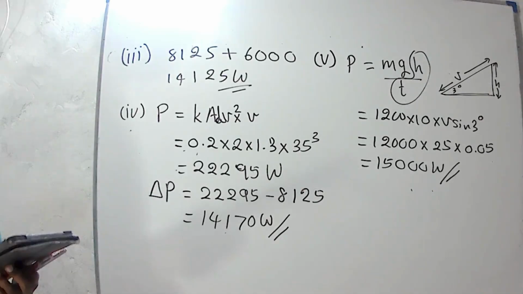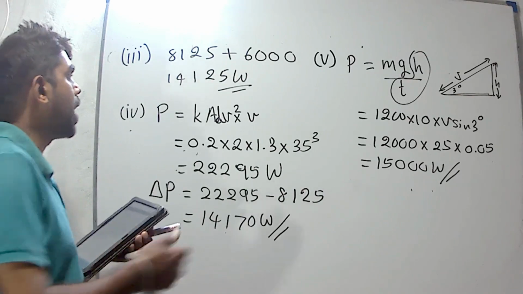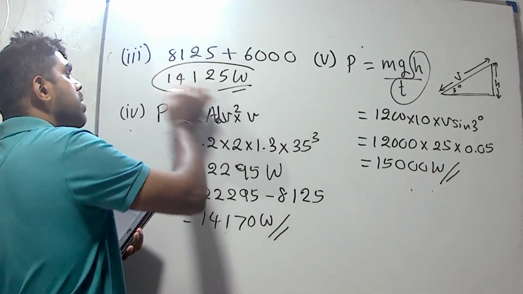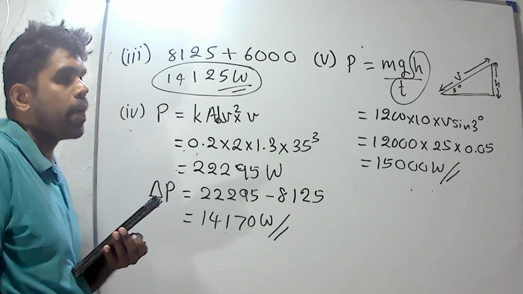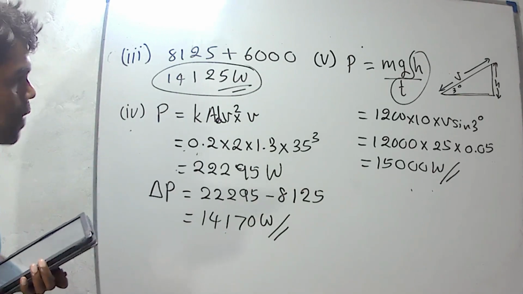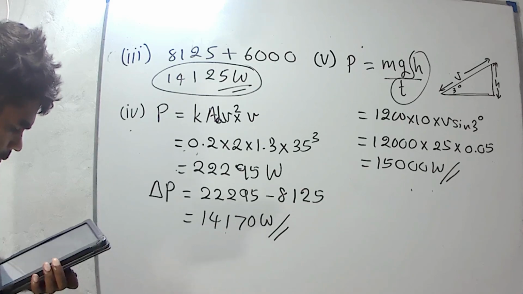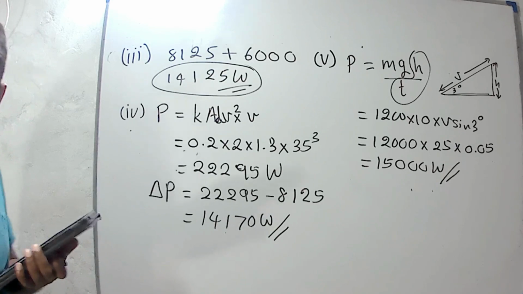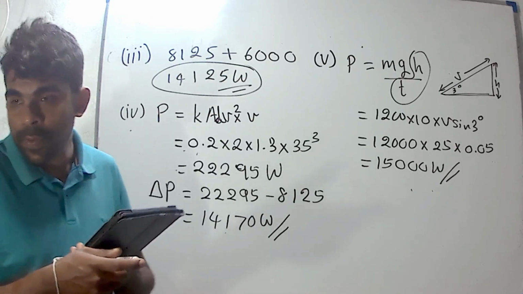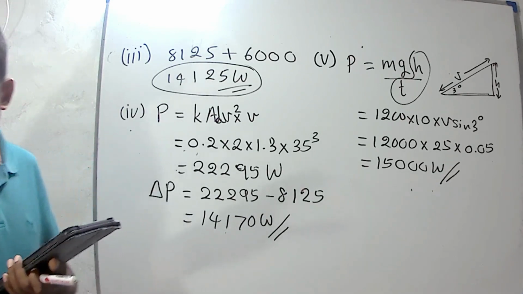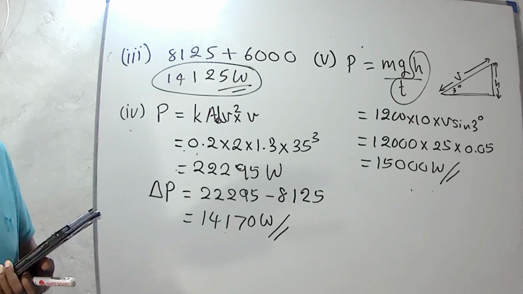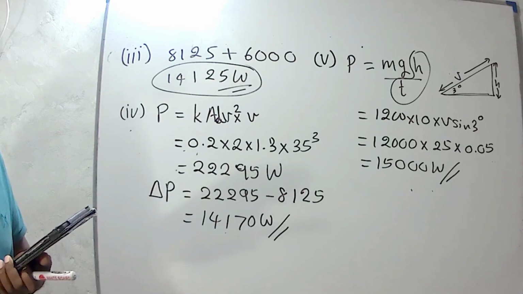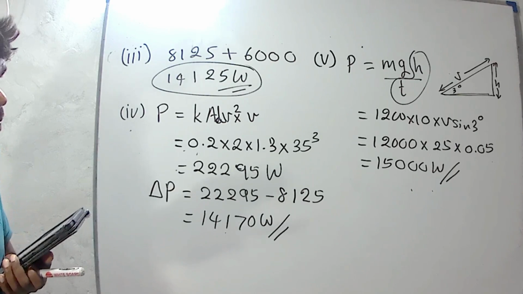In still air, we can consider that the required power is this one, 14,125 watt. We have to calculate fuel efficiency. Fuel efficiency means the kilometers per liter value.